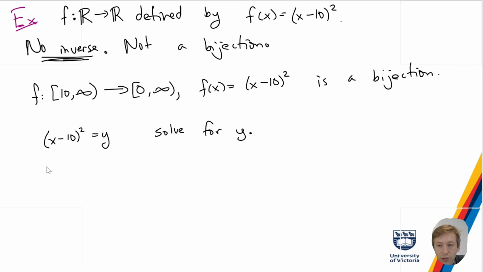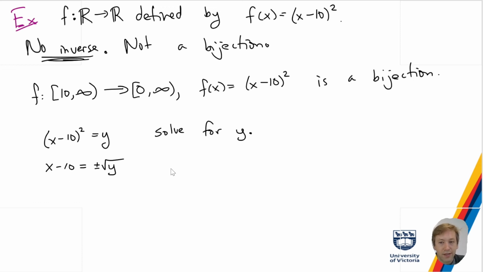If I do that, I get that x minus 10 is either the plus or the minus the square root of y. So you need to remember how this square rooting works. If I have something squared equal to y, that doesn't automatically imply that x minus 10 is the square root of y, because it could also be the negative of the square root of y.